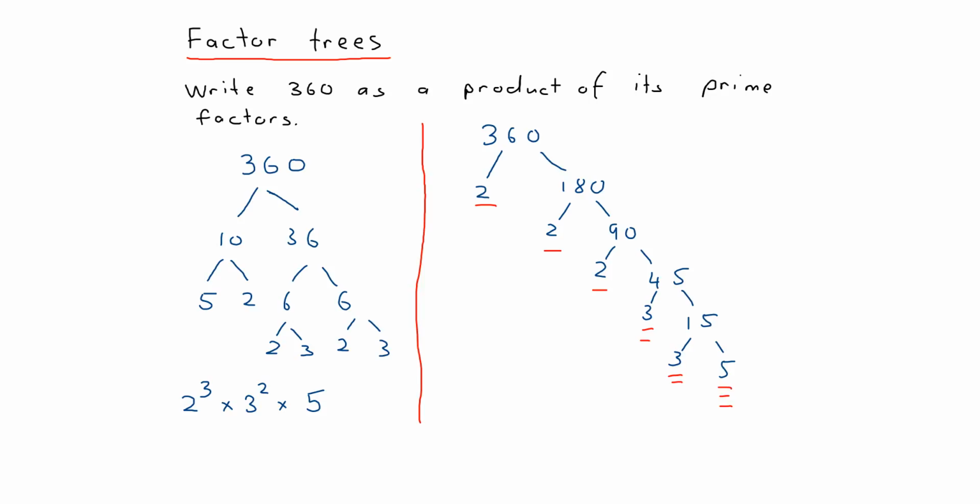So of course we have the same numbers here, 2 cubed times 3 squared times 5.